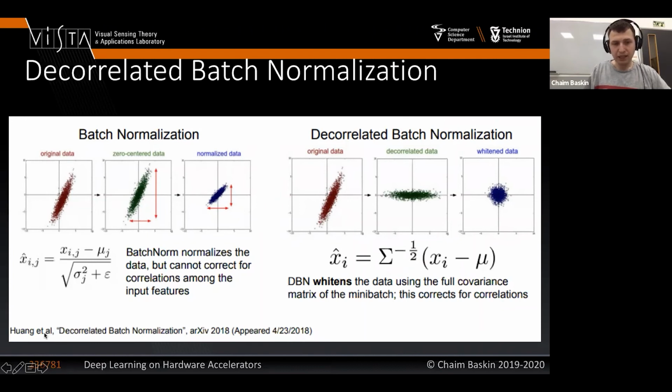Huang, in CVPR 2018, proposed decorrelated batch normalization, which they call DBN. It whitens the data using the full covariance.